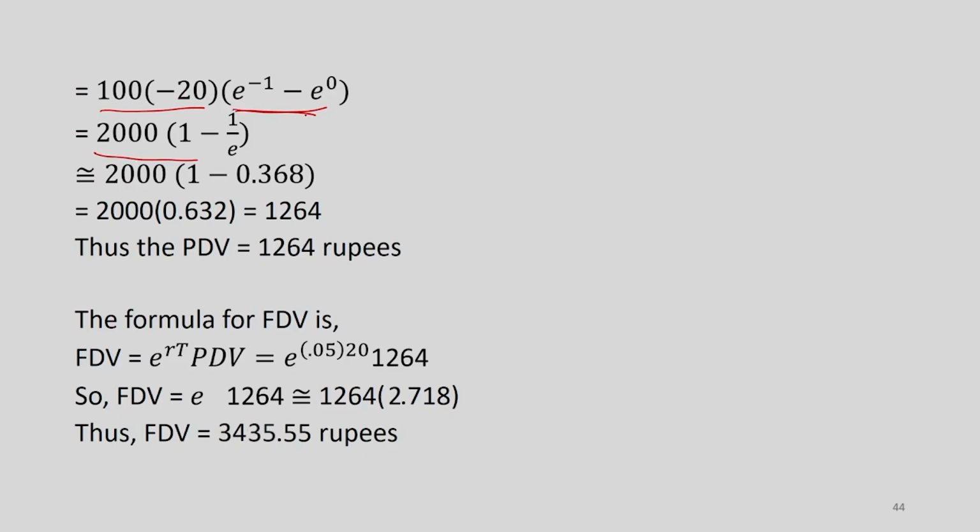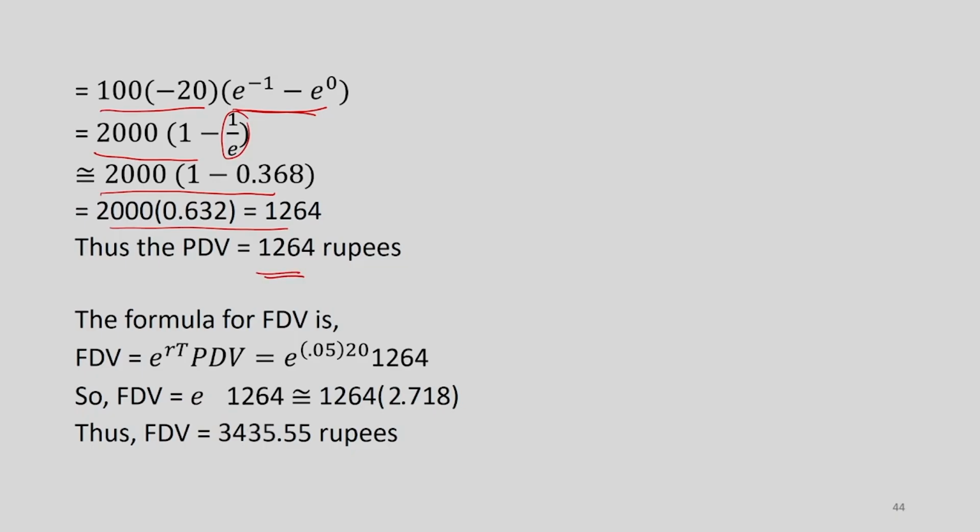So, it becomes 1 minus 1 divided by E, and this is approximately equal to 2000 multiplied by 1 minus 0.368. I have taken the approximate value here, okay, and this simplifies to 1264 rupees. So, this is the present discounted value.